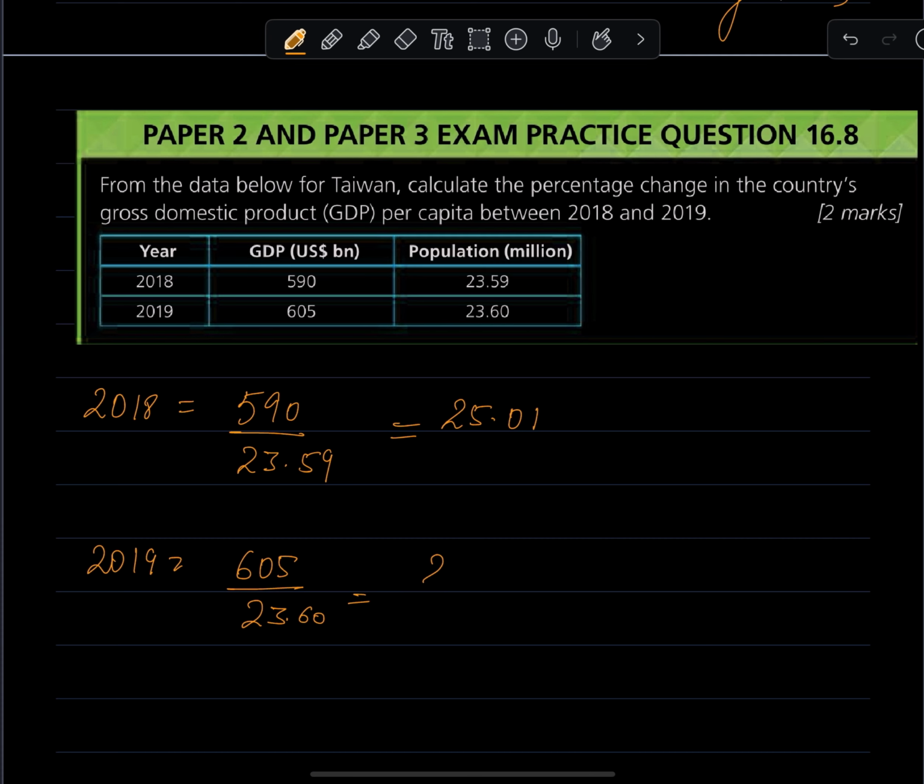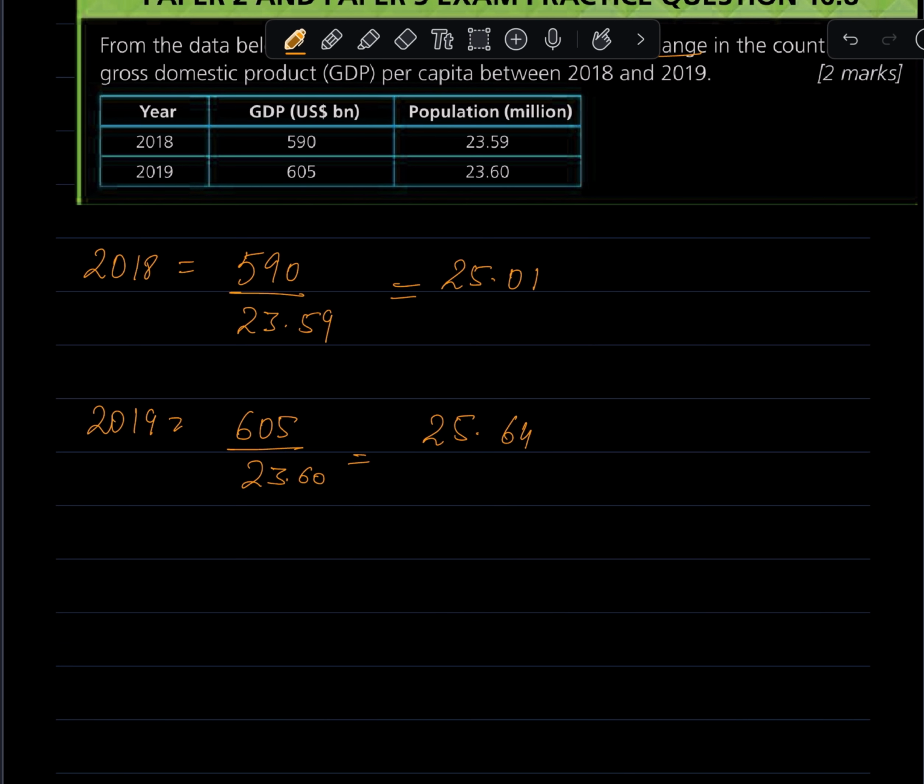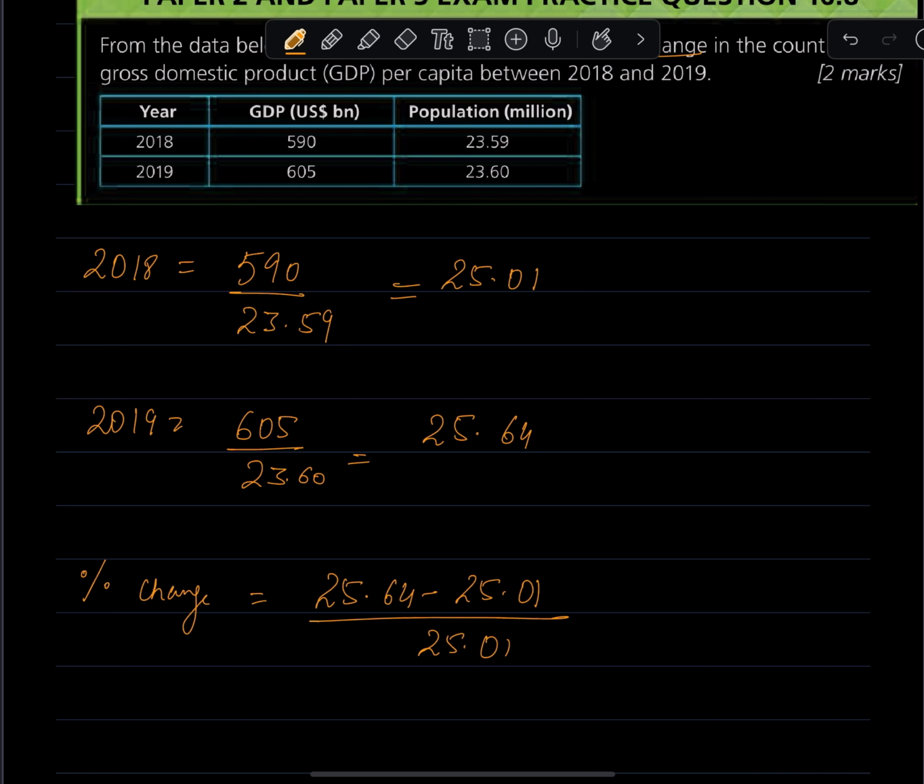It will give us 25.64. And now we have to calculate the percentage change. Percentage change is equal to 25.64 minus 25.01 divided by 25.01 into 100. It will give us 2.5%.